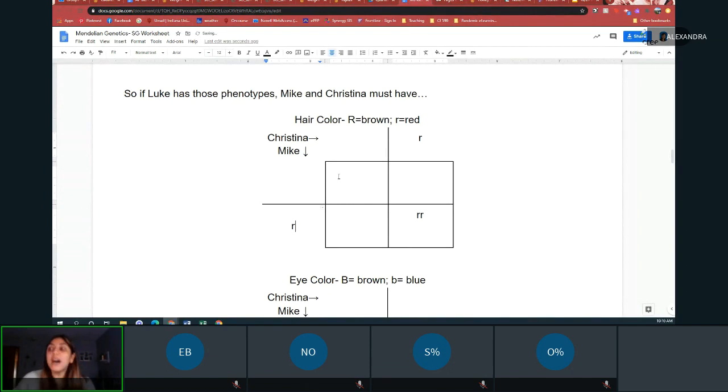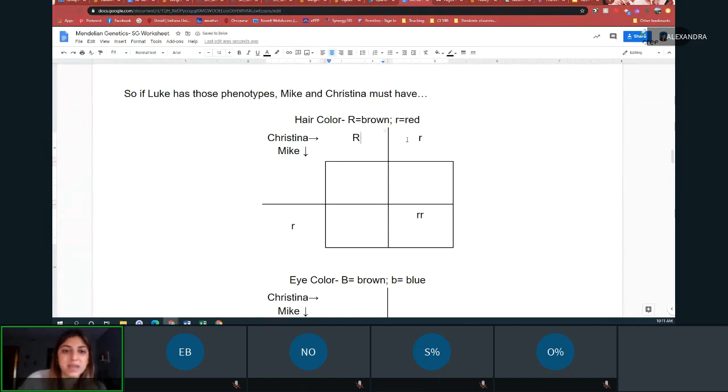But they both have brown hair. So what other allele must Christina have in order for brown hair to be expressed? Good, Ella. Exactly. And remember, these letters we keep the same because they represent the gene, and then the upper and lowercase represent the variation of that gene.